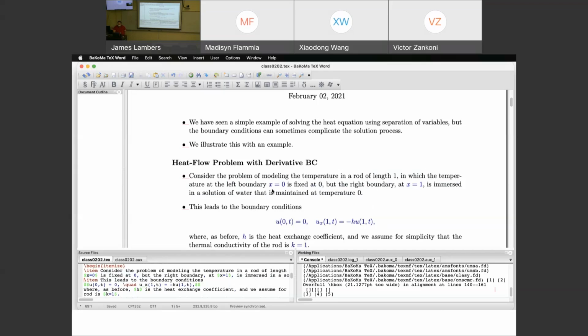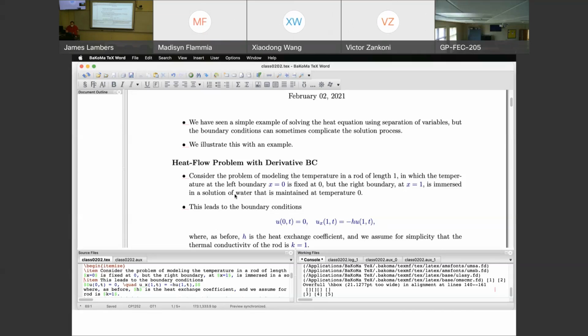And then for boundary conditions, at the left boundary, x equals 0, the rod has a fixed temperature. And for the right boundary, x equals 1, we have a different sort of boundary condition. Instead of having a fixed temperature at that point, the rod is immersed in a solution of water that's maintained at temperature 0.